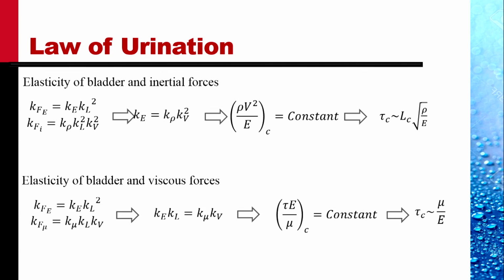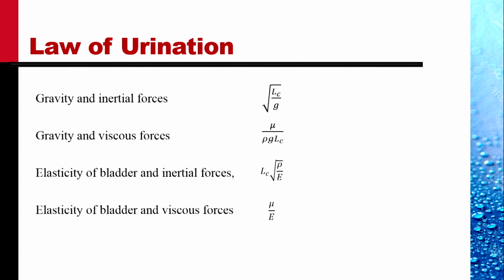Elasticity of all muscle fibers should be the same, so K capital E is 1. So the only valid law which is independent of LC is this. So it is the elasticity of the bladder and viscous forces that control urination. We can construct models for this and analyze further.